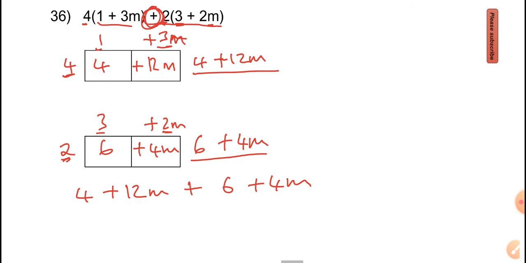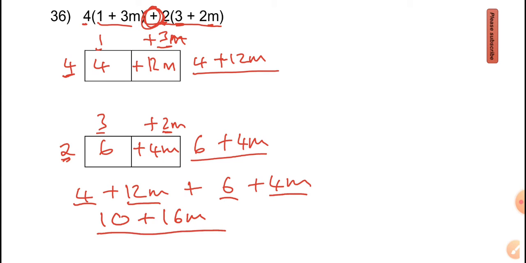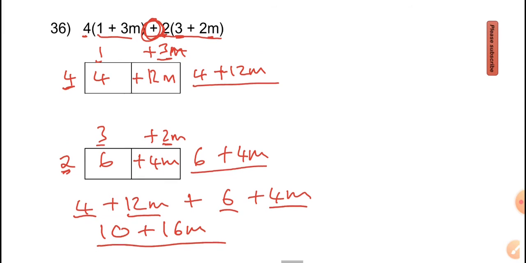So 4 plus 6 is 10, and 12m plus 4m is 16m, so plus 16m. So this is the final answer, 10 plus 16m.